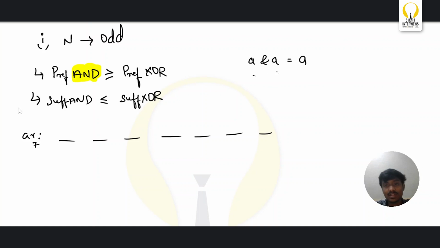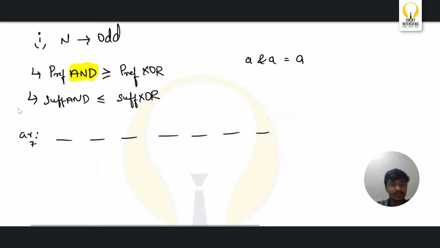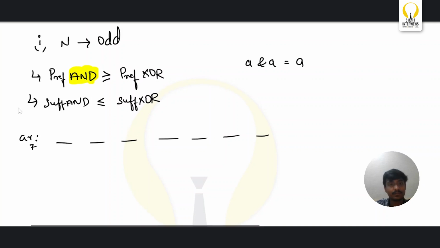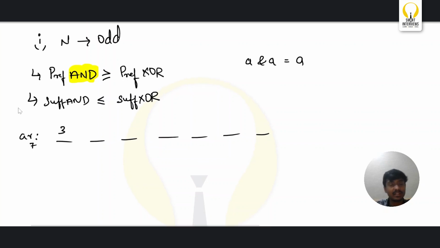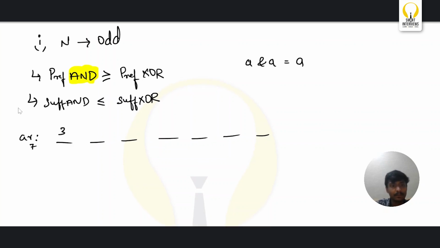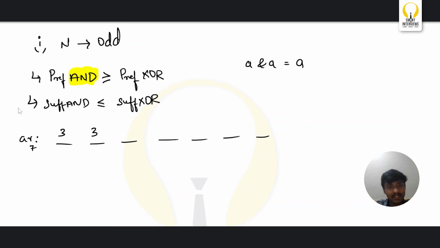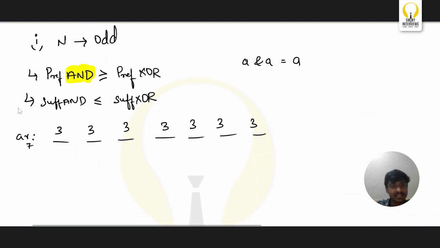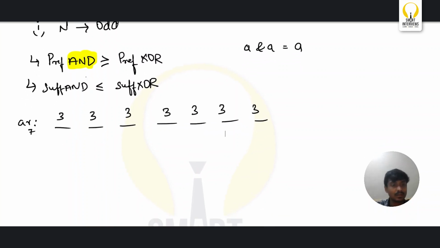So here let's say I take an element like 3. Let me take all elements as 3 here, because we want the prefix AND to not change. I will explain why moving forward. Now I'm taking a prefix AND here.